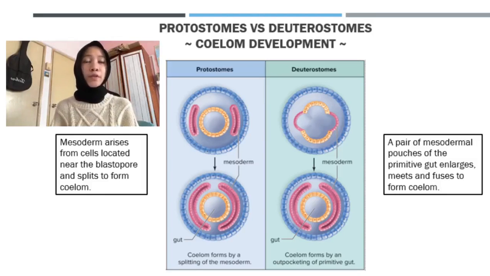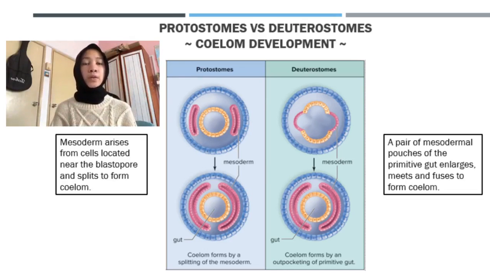Next, I move on to the coelom development. So for the coelom development in protostomes, the mesoderm arises from cells located near the blastopore and splits to form the coelom. While for the deuterostomes, the pair of mesodermal pouches of the primitive gut enlarges, meets and fuses to form the coelom.